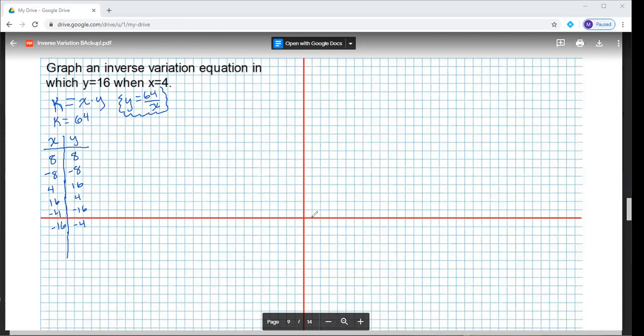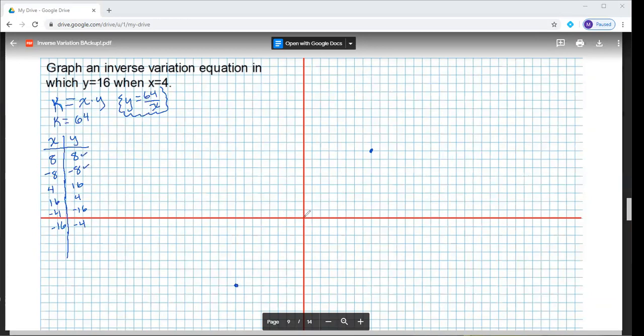Okay, we know we have a point at 8, 8. 1, 2, 3, 4, 5, 6, 7, 8. And we have the same thing on the opposite side. Cool. We've graphed these.